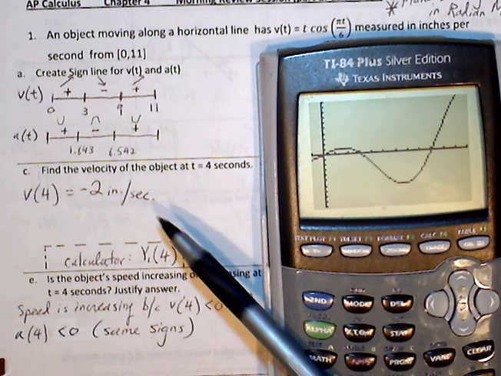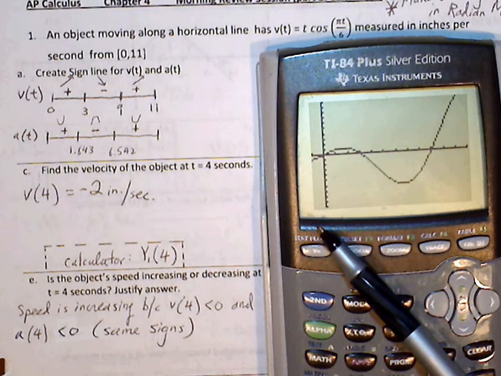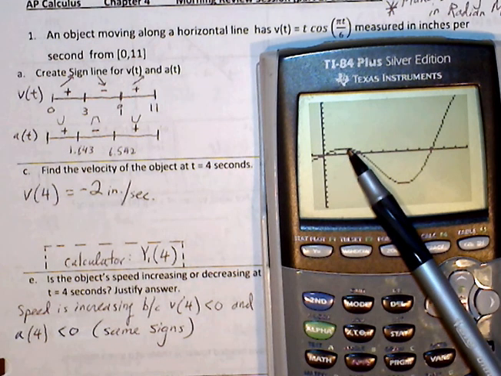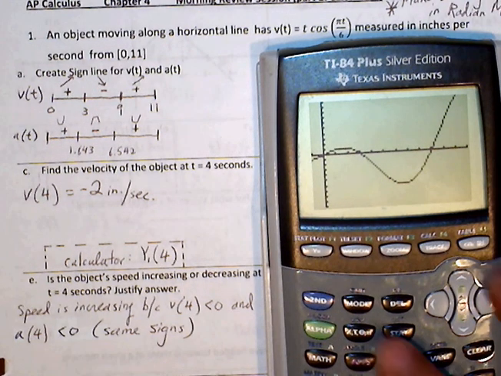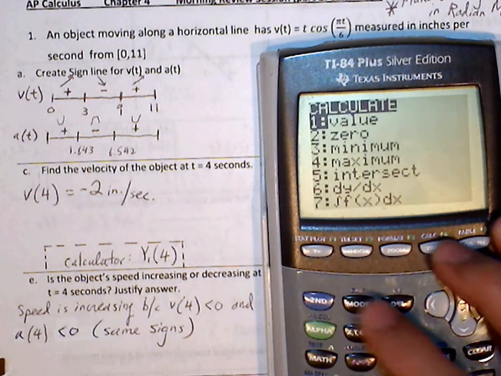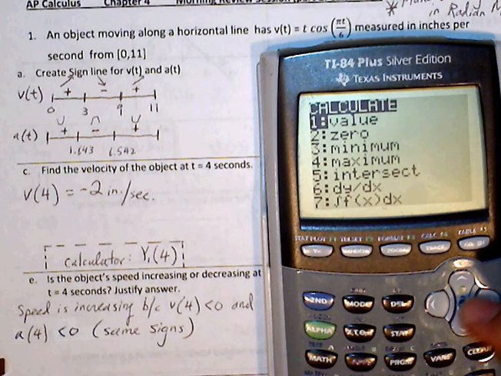For acceleration, the critical points will be the max and min. So we're going to be just trying to find these maxes and mins. And we can simply use the max and min feature under second trace, which is calc.